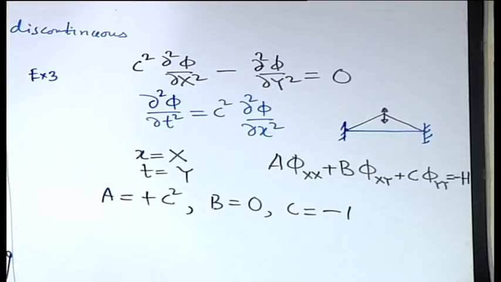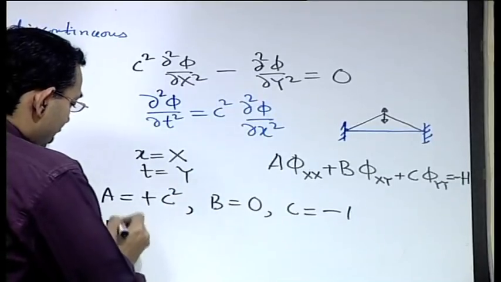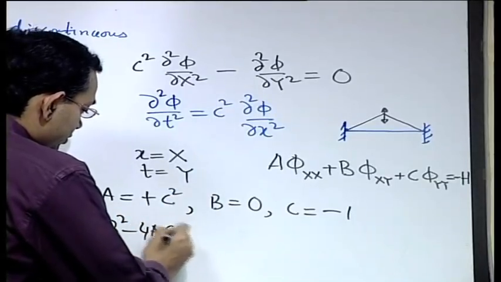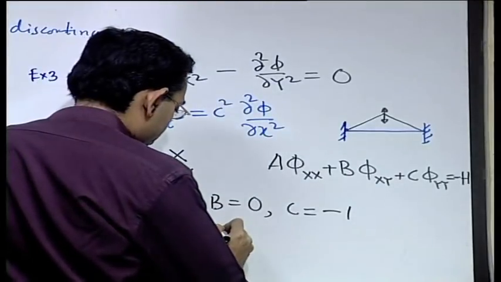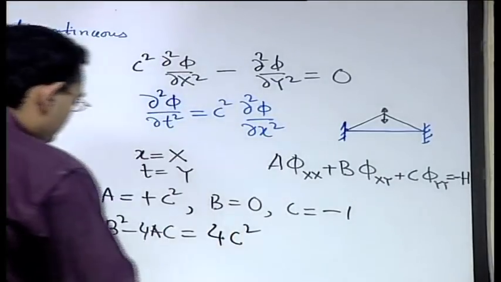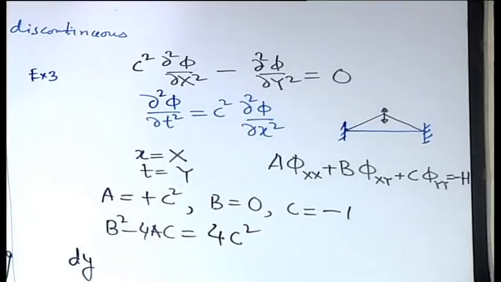Then what is b square minus 4ac? So, what is the characteristic dy dx?